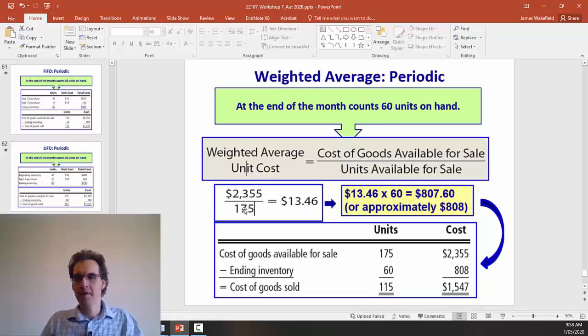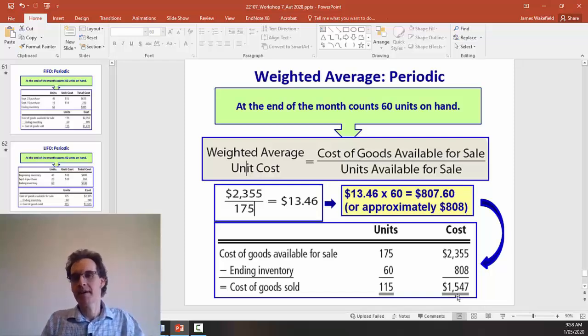You divide that by the number of units you had available for sale, which is 175, which gives you an average cost per unit of $13.46. So you multiply the units you have left of 60 by that average figure, which gives you $807.60. Round that up to 808. And so you deduct that from what you had available for sale, which means your cost of goods sold is $1,547.